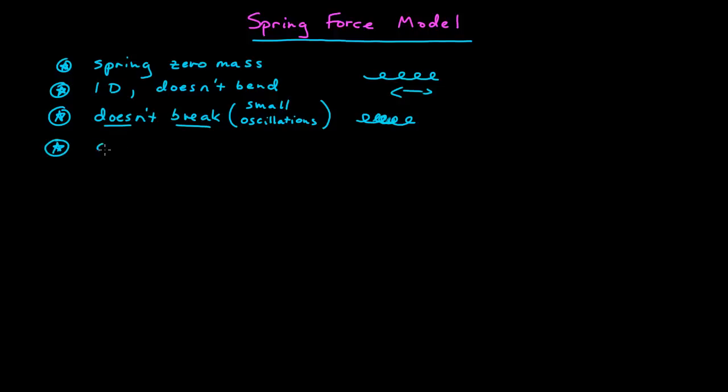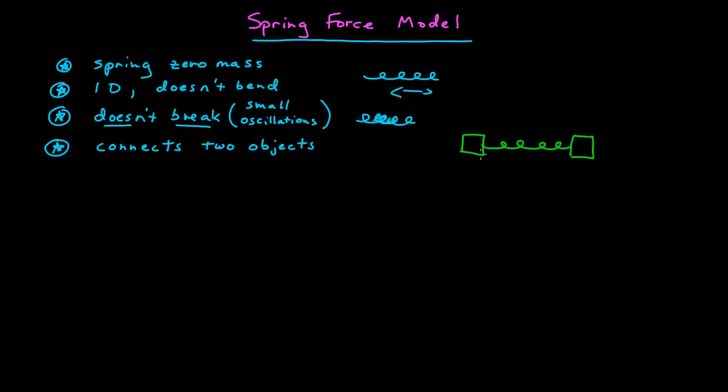The next piece is that a spring in our model connects two objects. And that sort of has to be true. A spring has two ends, and so it necessarily connects two objects.